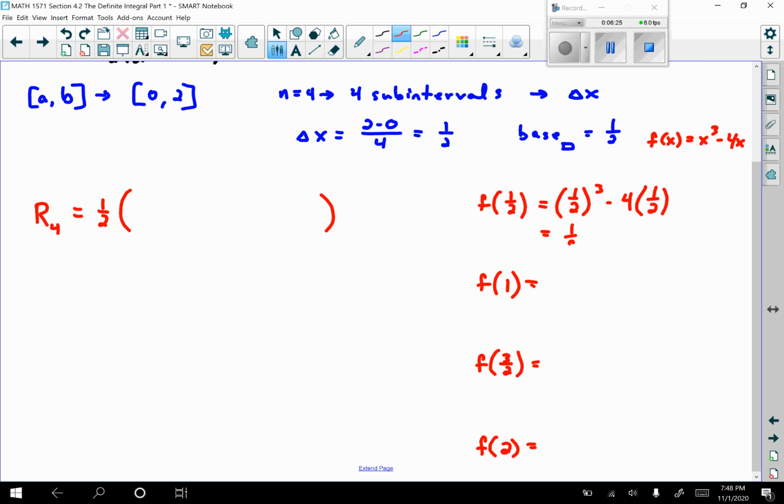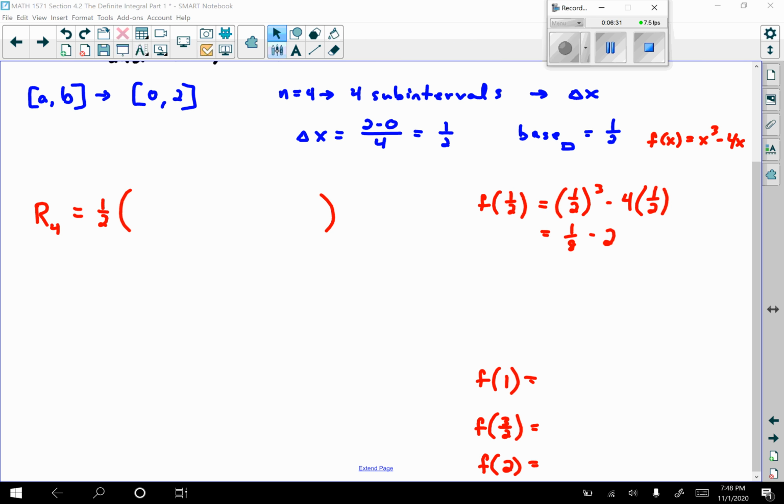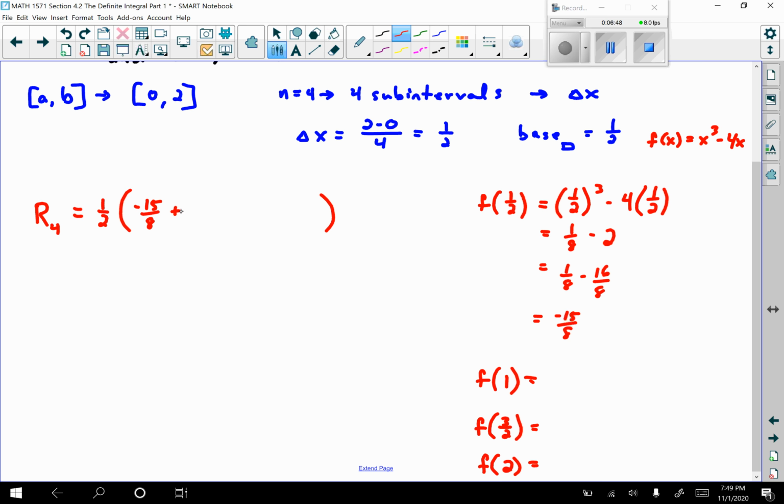This gives us 1/8 minus 2, so 1/8 minus 16/8, which gives us negative 15/8. I'm going to put that up here, negative 15/8, plus, and I'm going to continue with f of 1. I'm going to change the colors here, though.